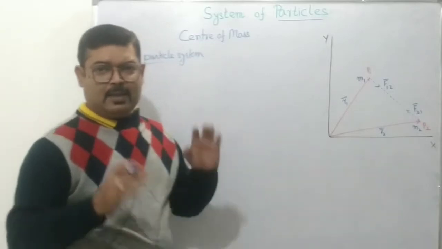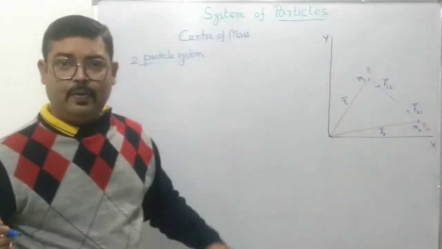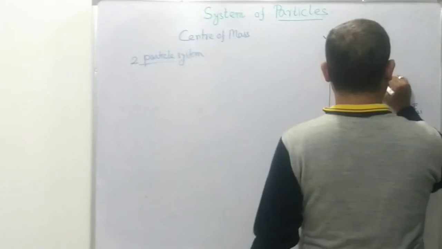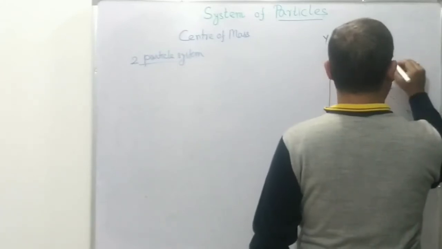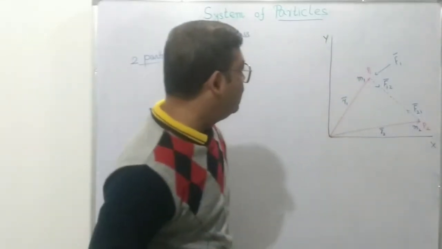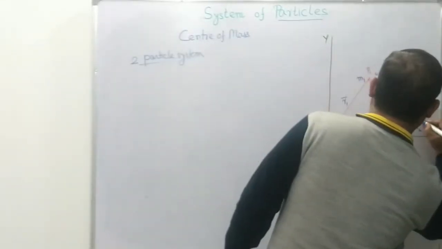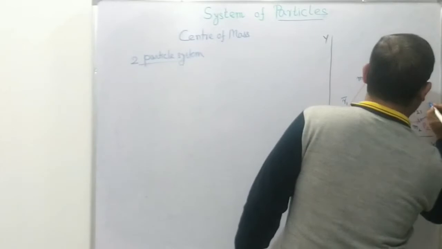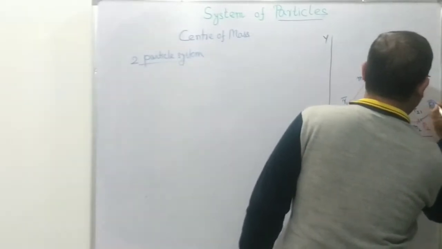Now let's say some external forces are applied to it, a part of it acting on particle 1, let's call this force F1, and a part on particle 2, let's call this F2.